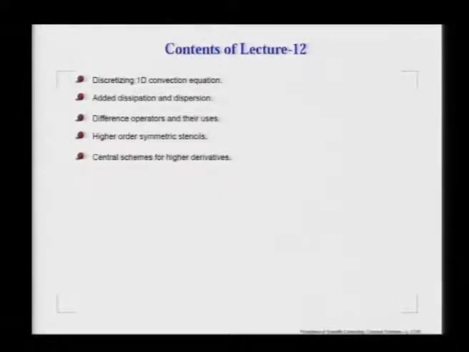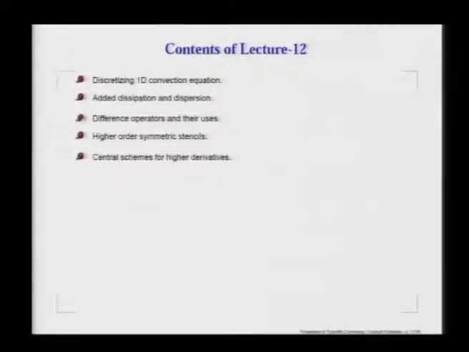However, we would note that discretizing this simple system, which is an example of a non-dissipative, non-dispersive system of solution, various discretization methods actually add dissipation and dispersion. So, we will be talking about this in some detail.